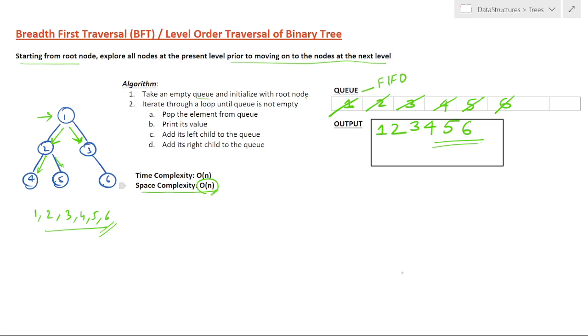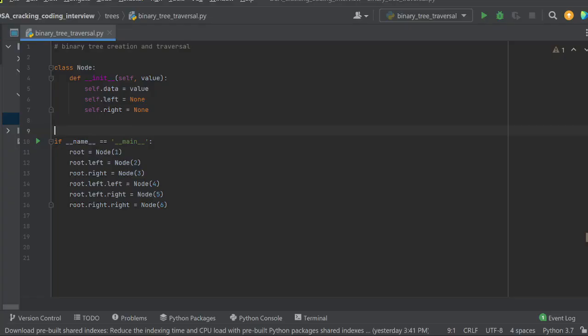Now let us see how we can do this with the help of code. In the previous video, I have already shown you how to create a node using Python. You can please refer to the video in my description box below. So here I'm going to create a method and I'll call it BFT, and I'll pass in the root node of the tree.